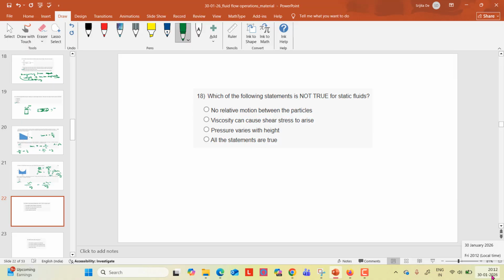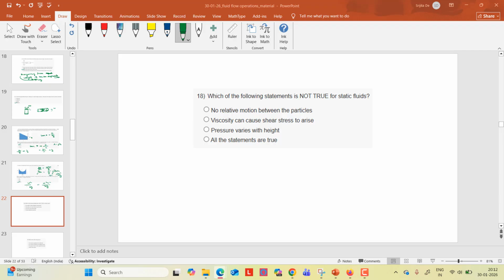Which of the following statements is not true for static fluids? No relative motion between the particles. Viscosity can cause shear stress to arise. Pressure varies with height. All the statements are true. Not true.